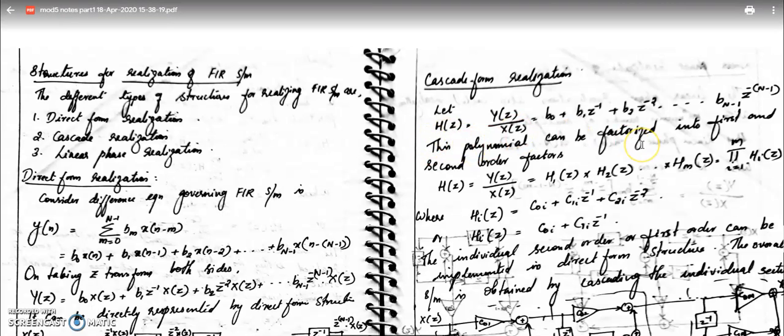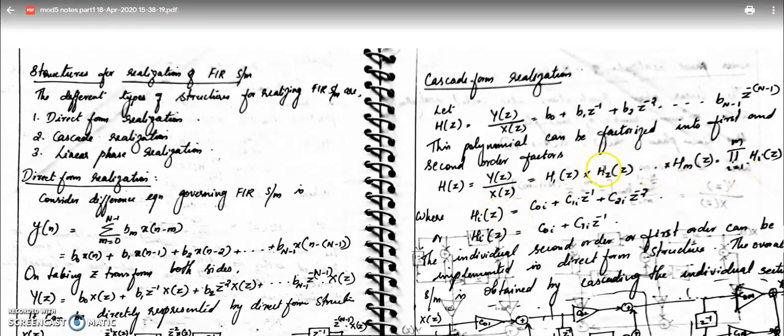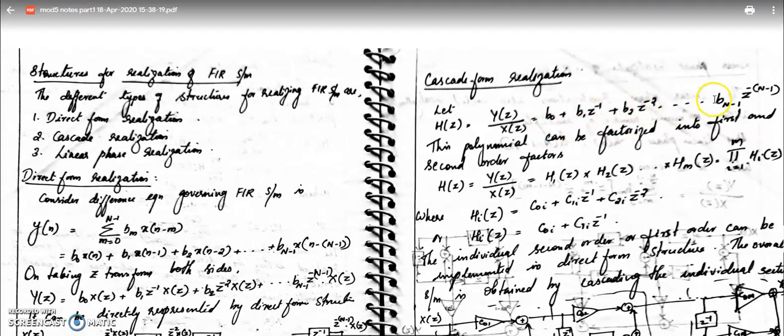So H of z in cascade form is a series connection of smaller transfer functions, that is, a product of smaller first and second order transfer functions. Here we have to factorize this equation into second and first order factors.